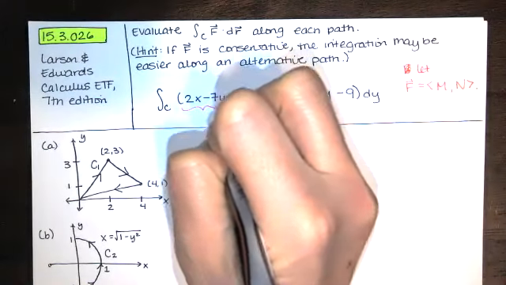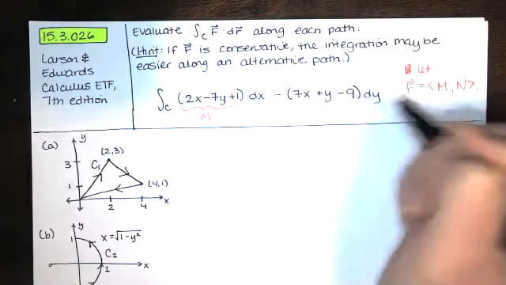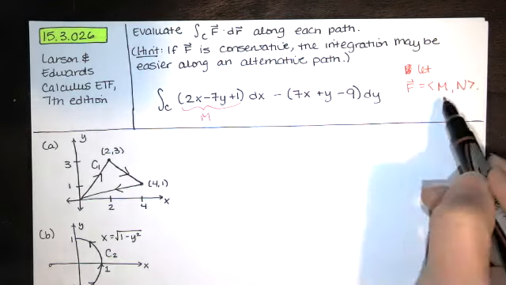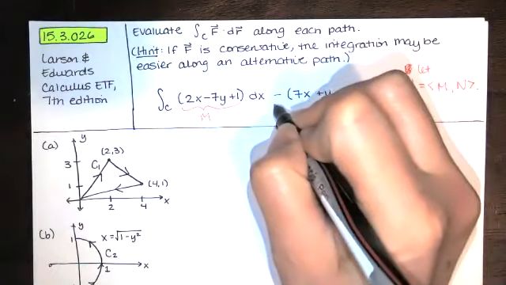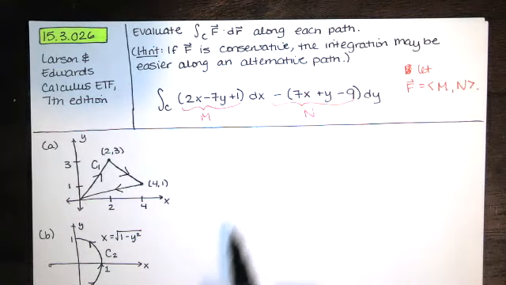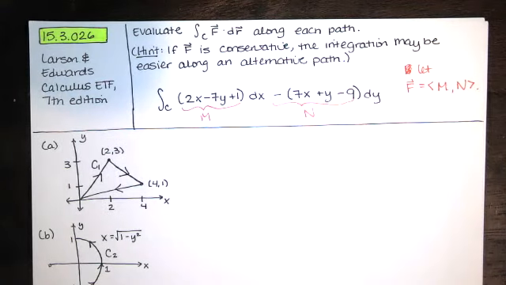Then the function multiplying dx is the x component, which we're calling m, and the function multiplying dy is the y component of our field. And that includes that negative sign, and that's called n. So if this field happens to be conservative, all the calculations are going to be much simpler. Let's test and see if it's conservative.